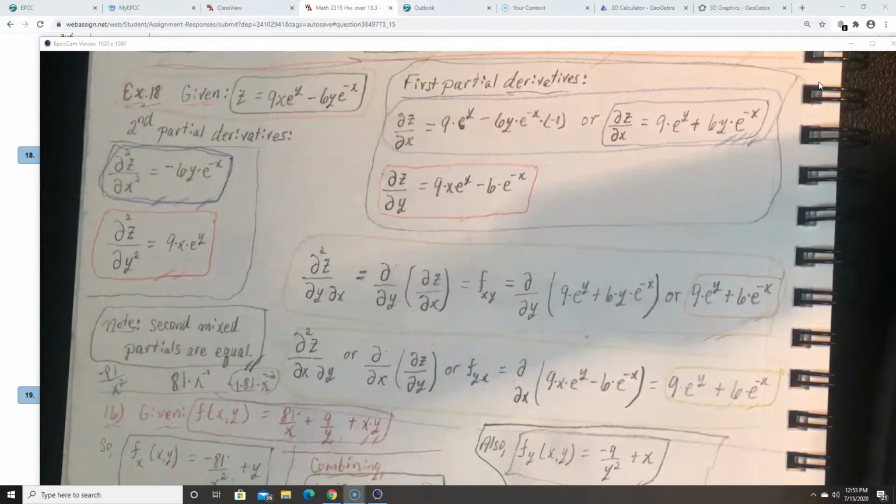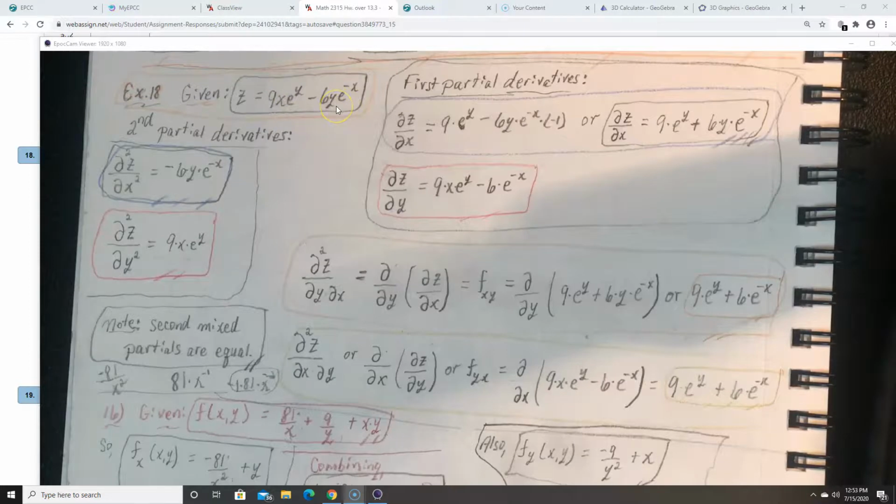Now what about the partial derivative of this function z with respect to y, the other first partial derivative? So differentiate this term with respect to y. Well, the derivative of e to the y is just e to the y. And the multiplied 9 and the multiplied x are constants, so they sit there, and you get 9x times e to the y for the derivative of the first term with respect to y.